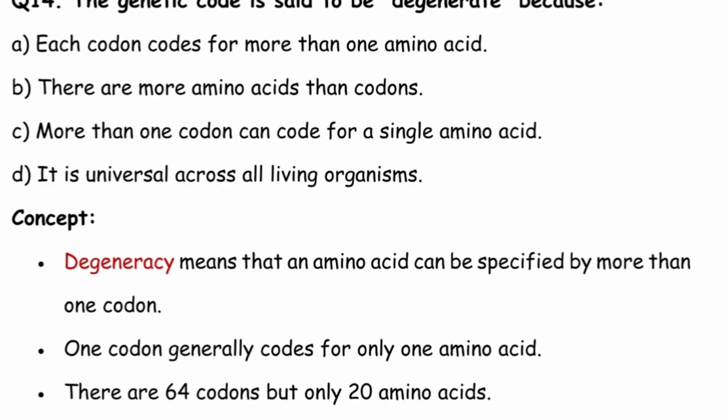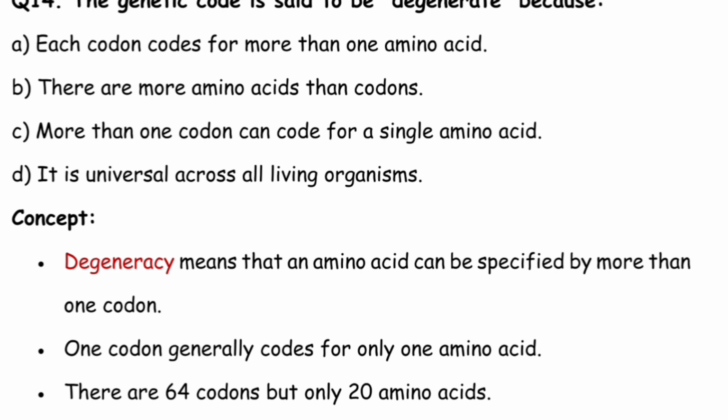Now what is degeneracy? Degeneracy means more than one codon can code for an amino acid. For example, UUU and UUC both code for phenylalanine. Now this is crucial. Why?